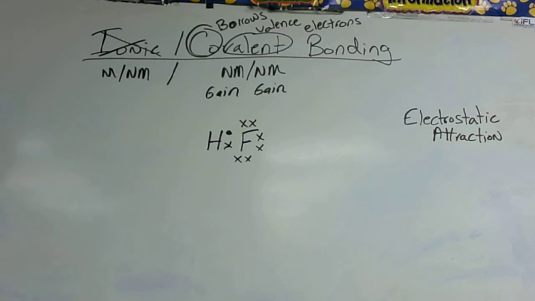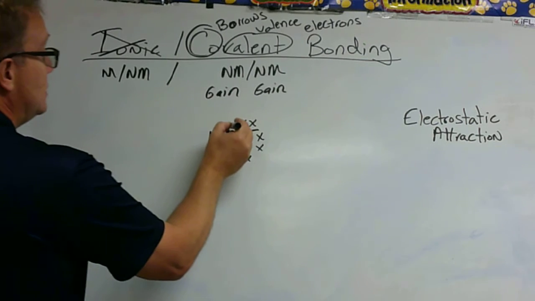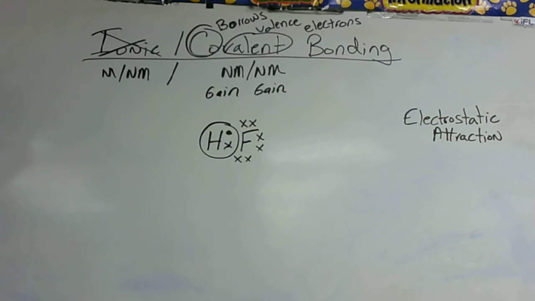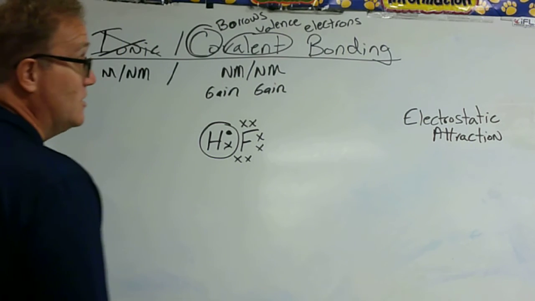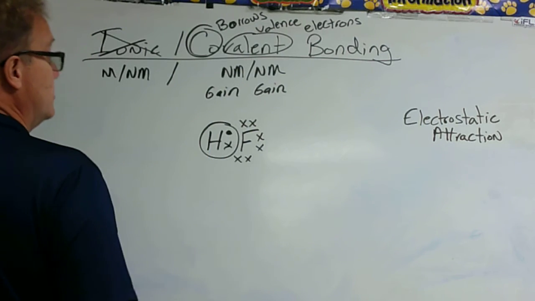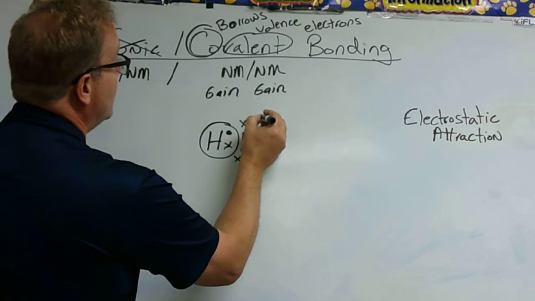So in order to make hydrogen happy, that's what's going to make hydrogen happy, because it wants 2. Just remember, it doesn't want 8. At the maximum, hydrogen can have 2 electrons, because it's in the first period. It wants to be helium.